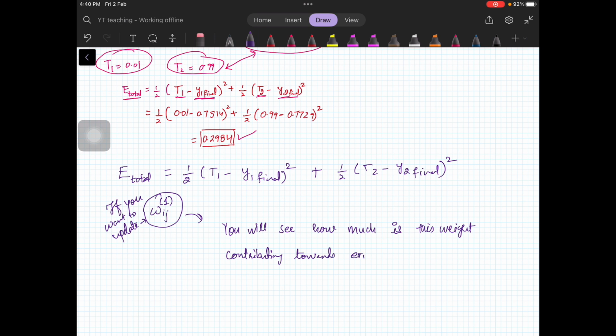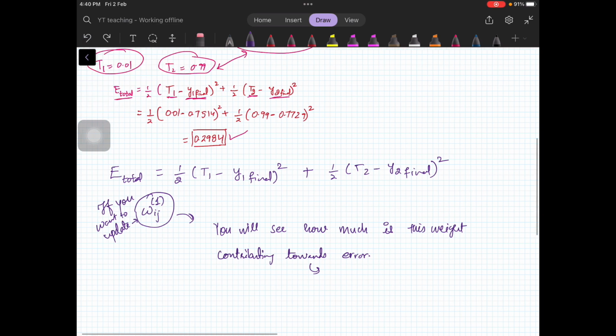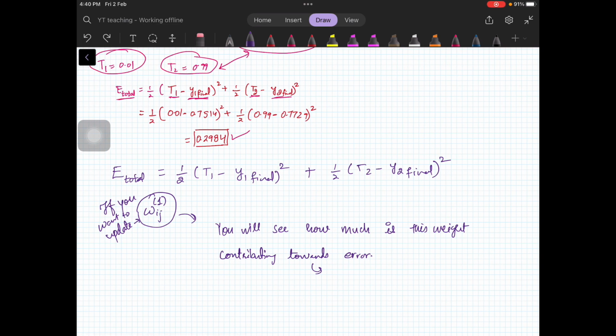Mathematically we can measure it as the rate of change of error with respect to wij, whatever weight you want to update. Your total error will be a function of all the weights, because weights appear in these calculations.